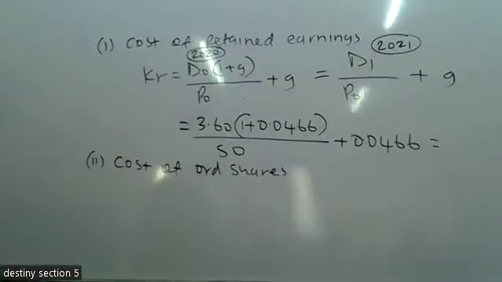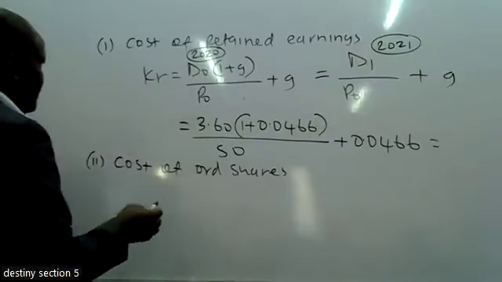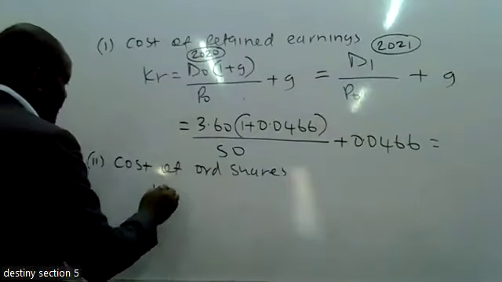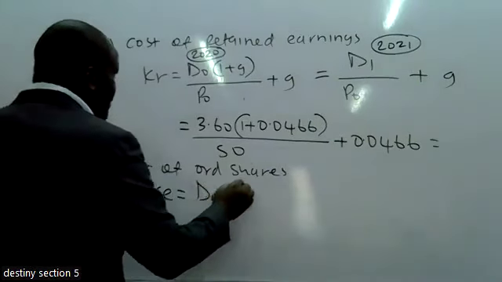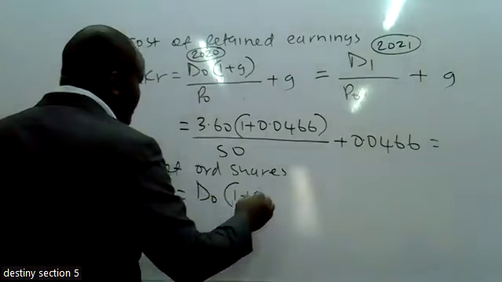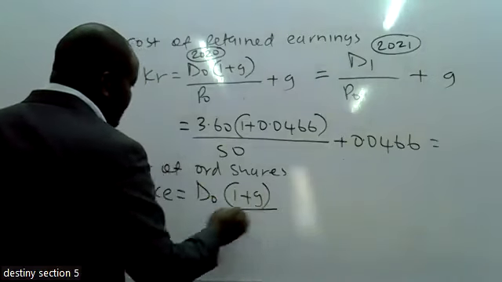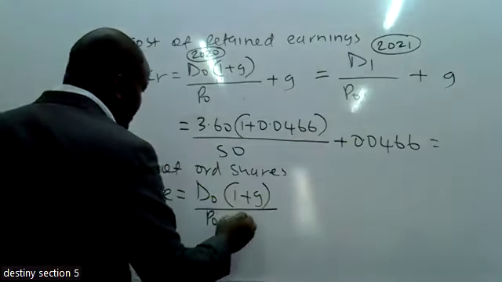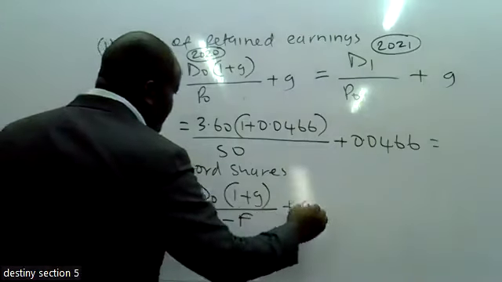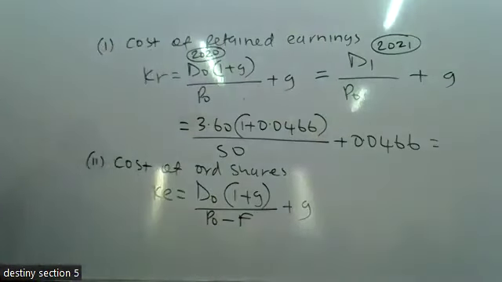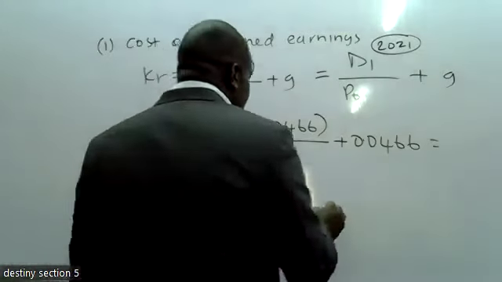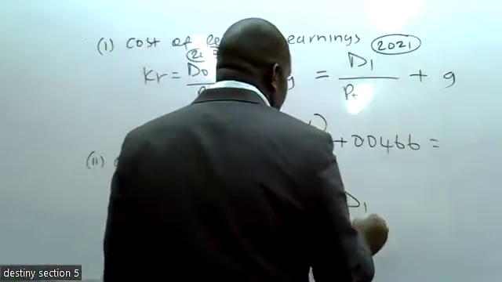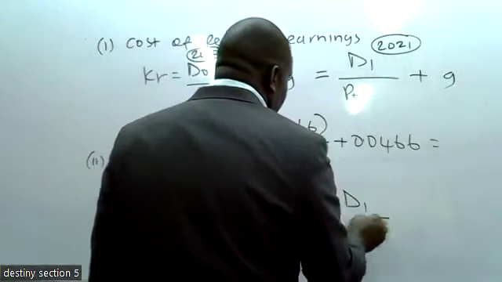To calculate the cost of the ordinary share is the same as K. It is D0, then 1 plus G divided by P0 minus the flotation cost. It's the same as for the retained earnings. The only difference now is the flotation cost.